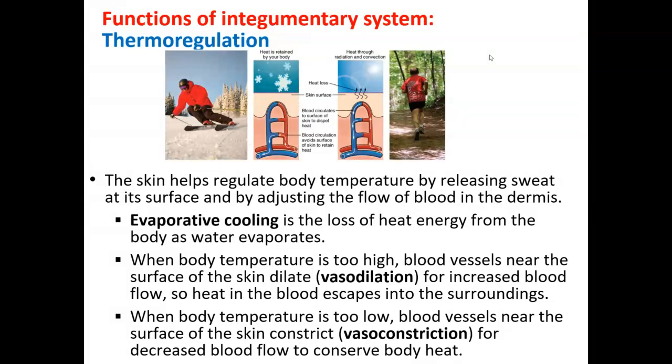So that's called vasodilation. Dilation means to get bigger. On the other hand, when we get cold, those blood vessels near the skin constrict to reduce the blood flow near the skin to conserve heat, so we're not losing so much heat from our blood to the surroundings.